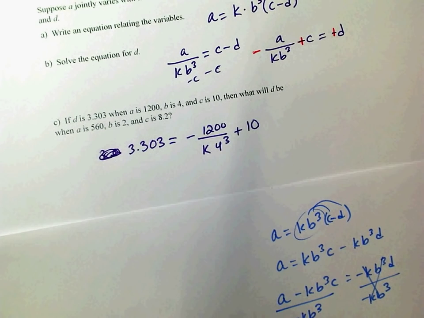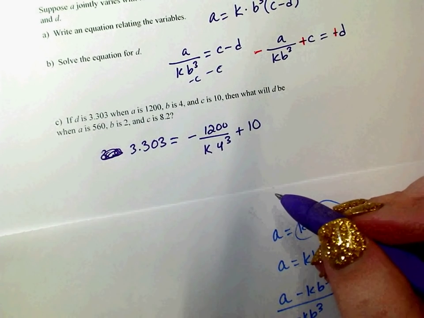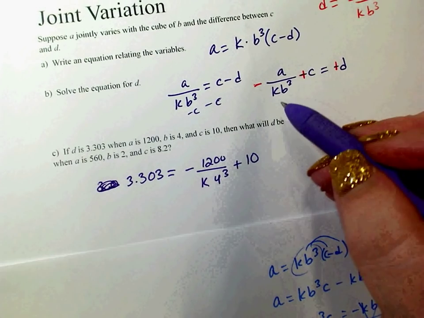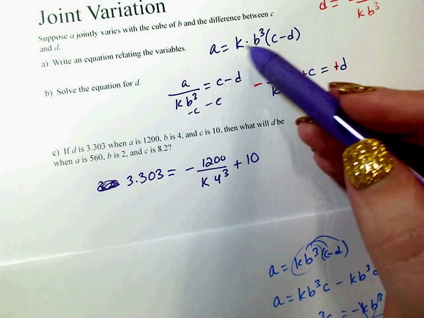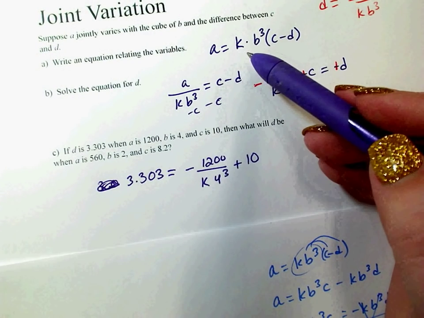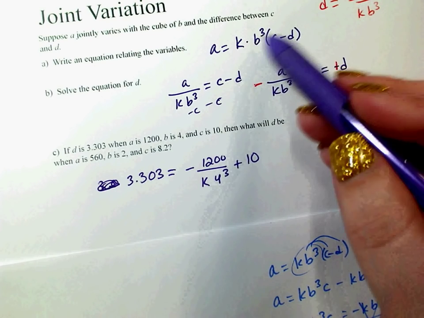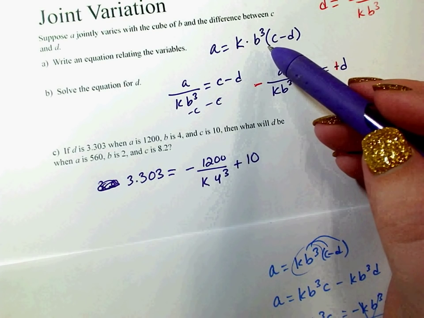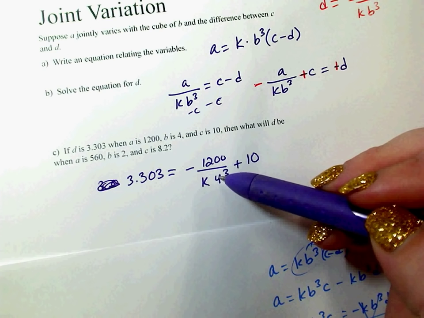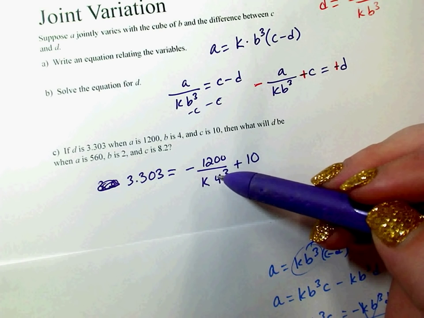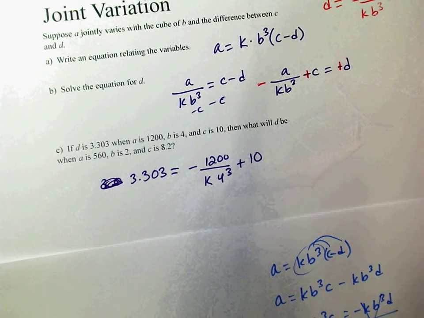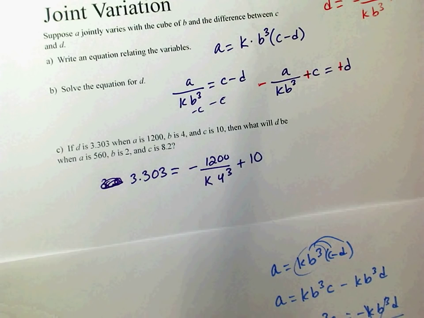And actually it probably would be easier to solve for K using the other formula, just because all I would have to do is divide by all of that. But since this is the equation I just wrote, I'm going to go ahead and do it. It's kind of up to you though. If you see the other way better, then you can just do that. Minus 10, minus 10.